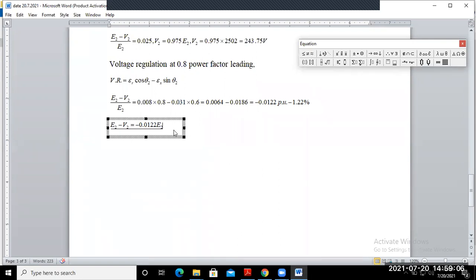So maybe right here, that means V2 equal to 1.0122 into E2.